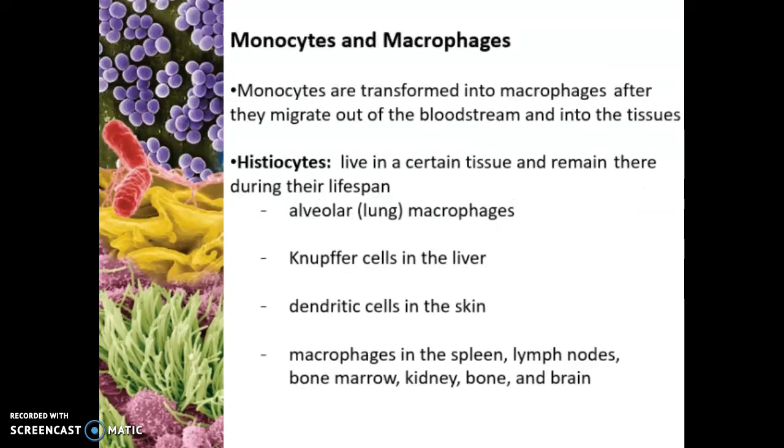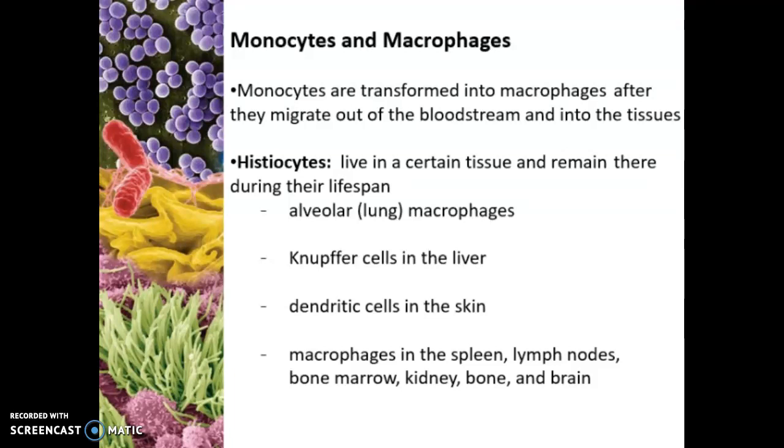Now, monocytes and macrophages are very similar. They start out as the same type of cell. Monocytes are phagocytes that are simply within the blood. That is where they are housed.